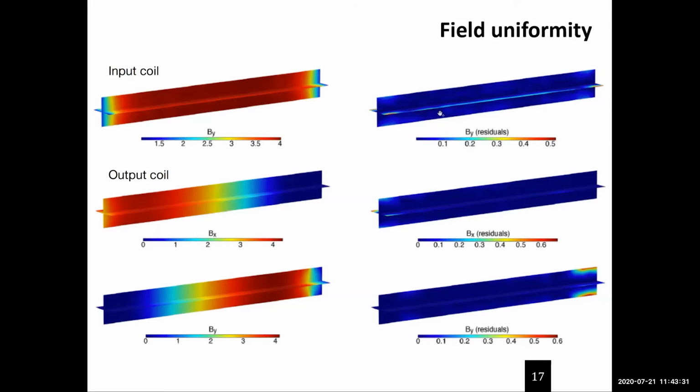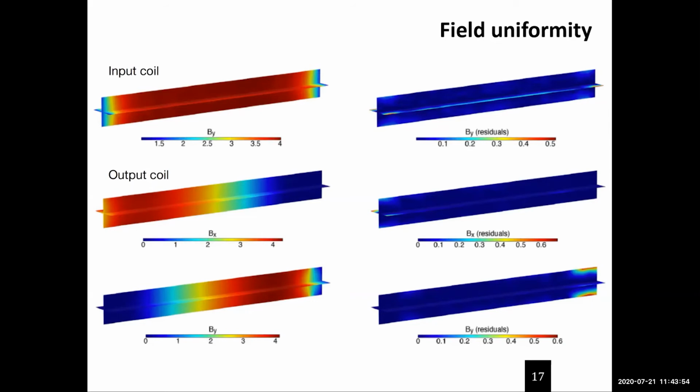And you can see here for the input coil and for the two components of the output coil. You can see how one of the components is large and then it's tapered as we go along the coil. And then for the other it is the same, but in the opposite direction. And again, you can see the residuals.